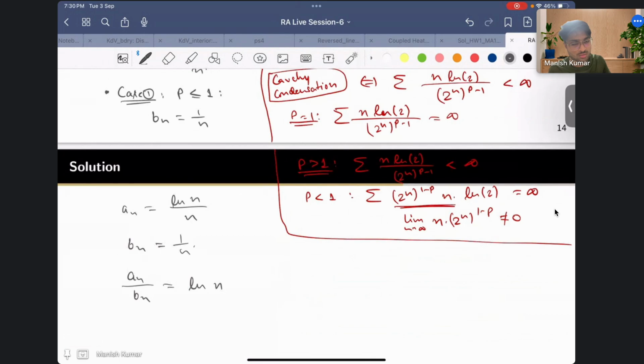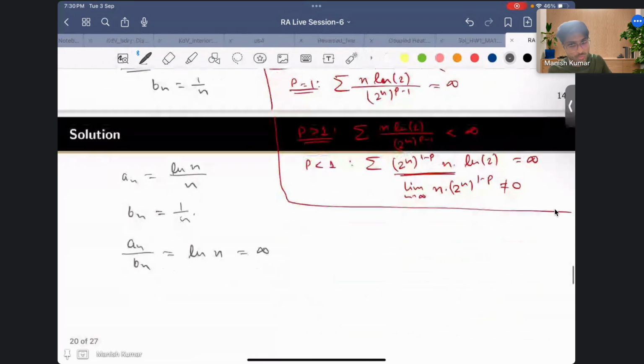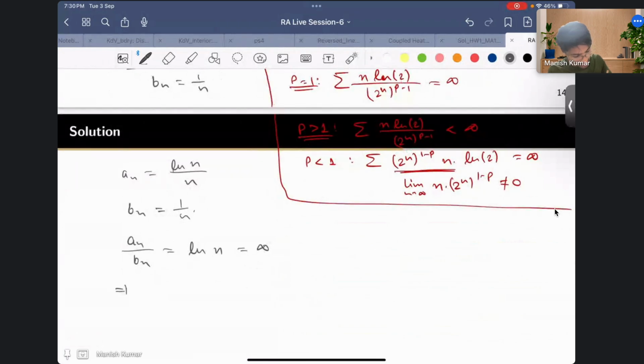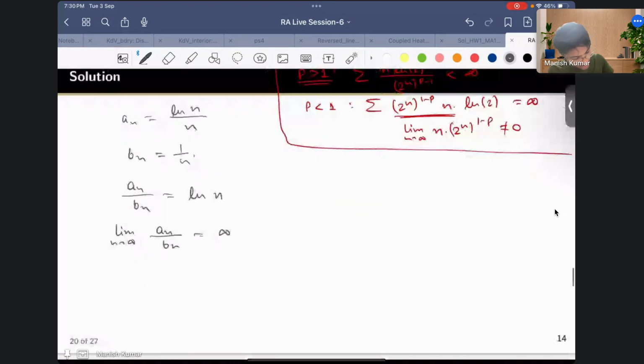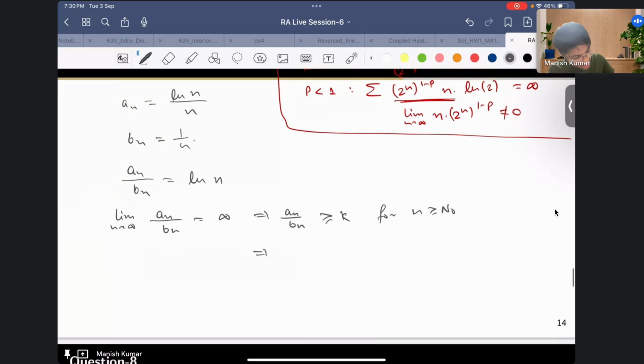So this limit, n going to infinity, an upon bn is infinity, and this tells me that an upon bn is greater than or equal to k for large n, and this will tell me that an is greater than or equal to k times bn.